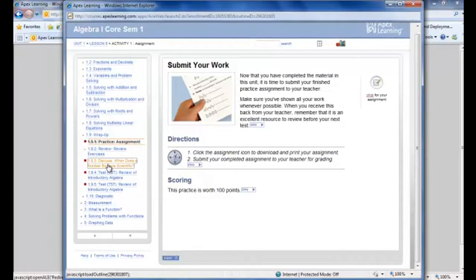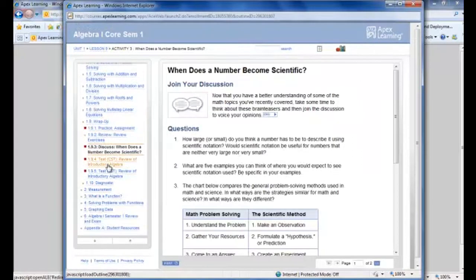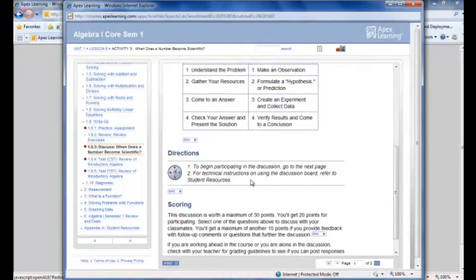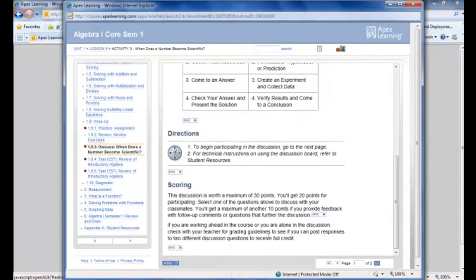And in here, in most of our math courses now, you have to do a discussion post. So it's going to ask you some questions and give you some directions. So to begin participating in the discussion, go to the next page. And it tells you how it's going to be scored. Now we realize that you might be the only one in your course, so if you make the post and there's no one else in there, you will earn the 30 points.